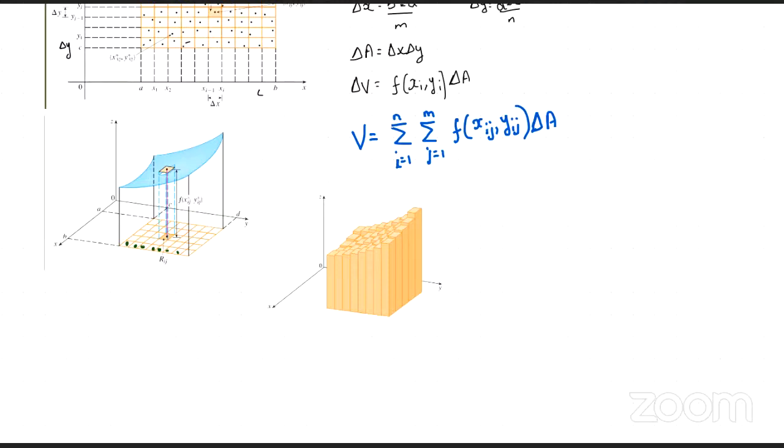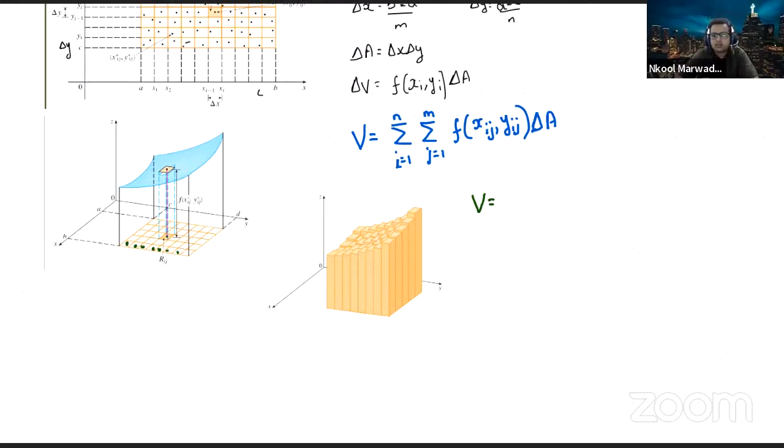So the approximation is that we are taking a limit wherein we are making both M and N tend towards infinity. With this approximation, the volume which we will get will be very close to the accurate volume.